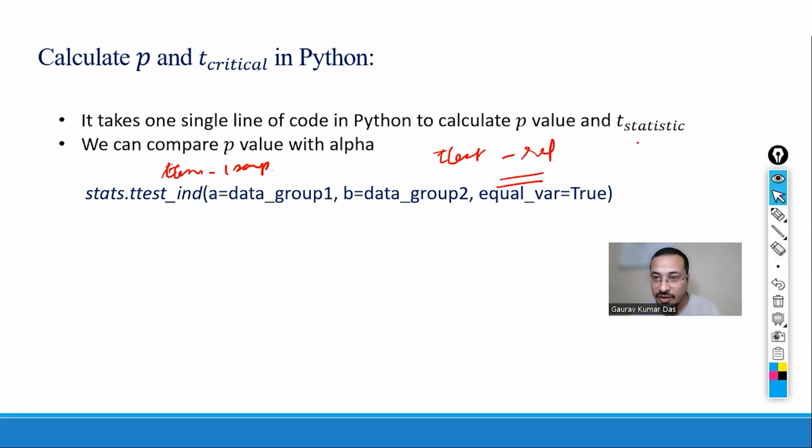But since the example we're talking about was a two sample test that were independent, I have shown you only one function. The same question which took me like 4-5 lines of steps can be done in one single step. So this function gives me two values, the p value and the test statistic. But by default, all these hypothesis test functions give you the p value for two-tail tests.